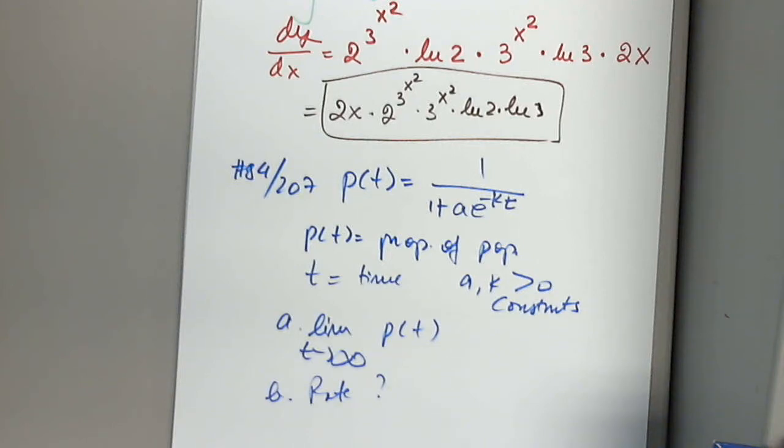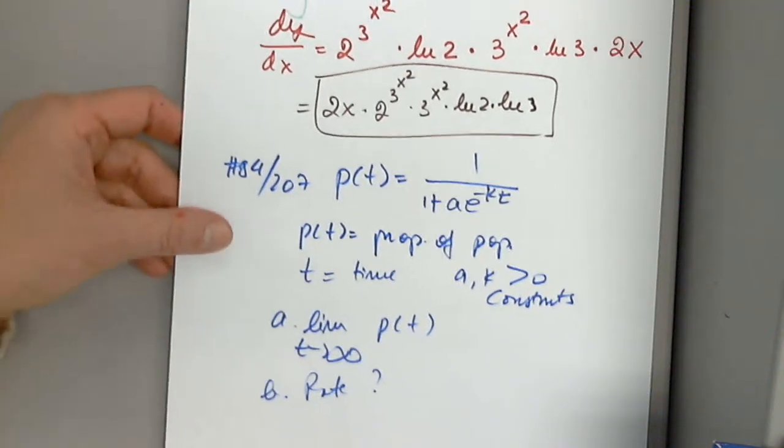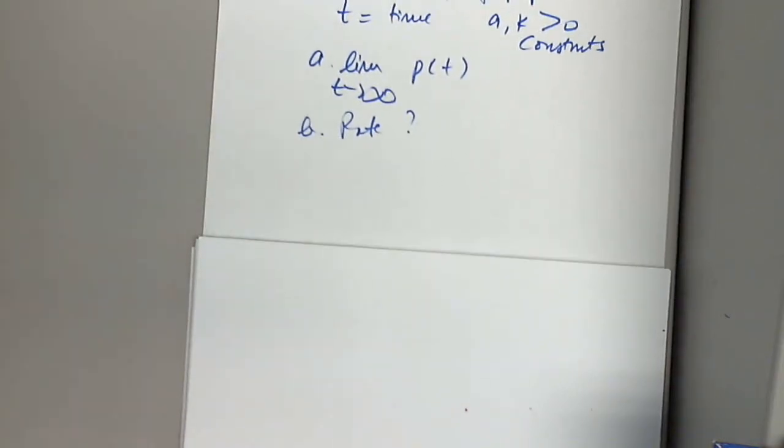A and k are constants and they're positive. We are asked to find the limit as t approaches infinity of P of t. What are we really asked? The trend eventually at infinity. Excellent. And when I'm asked to find the rate of change, what am I asked to find? That's it, awesome. Good, so let's start with the limit and see what happens.